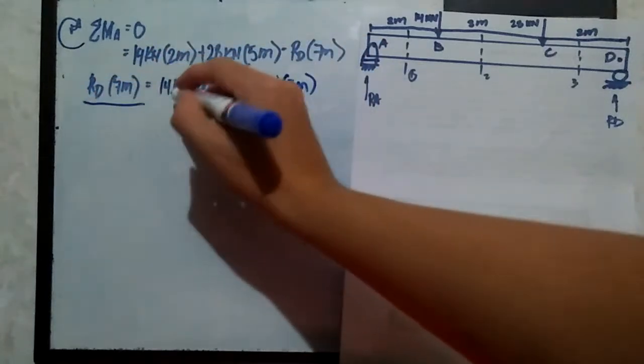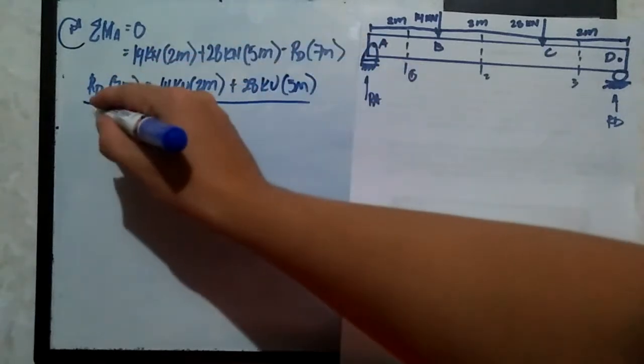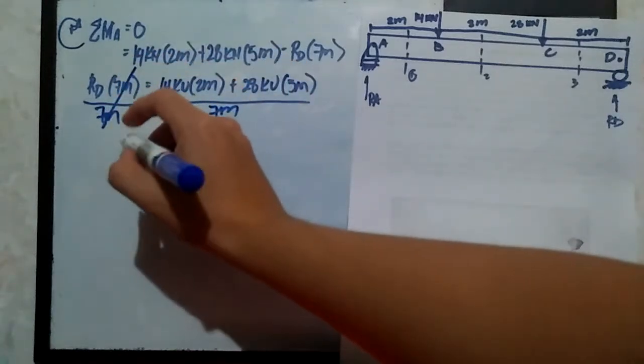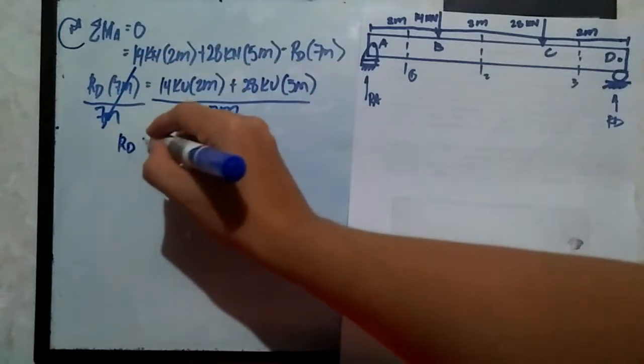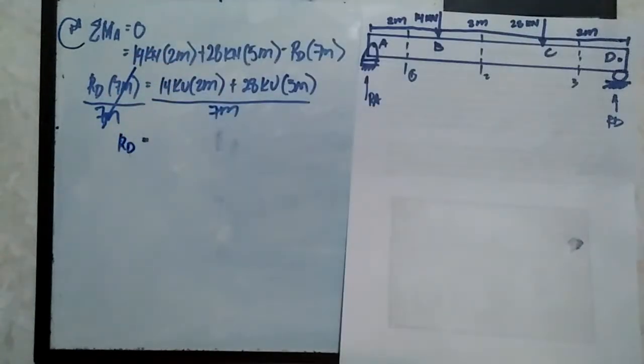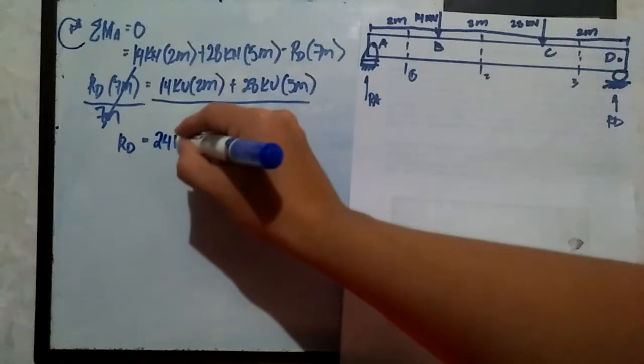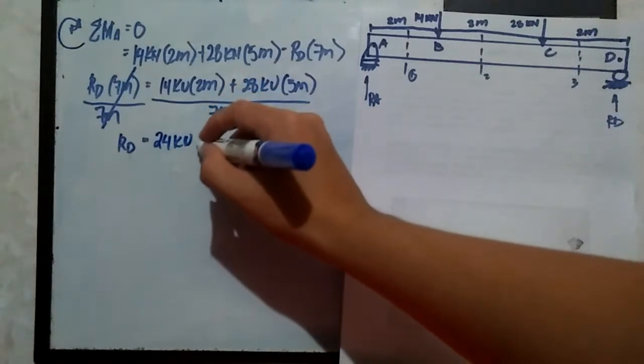Then dividing both sides by 7 meters, the 7 meters cancel, and upon solving, R sub D should be 24 kilonewtons.